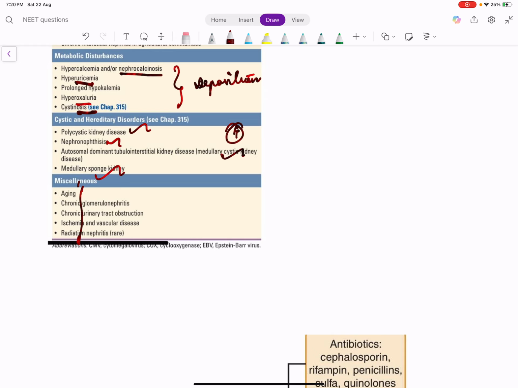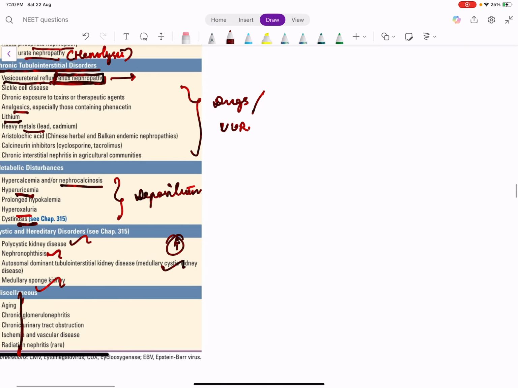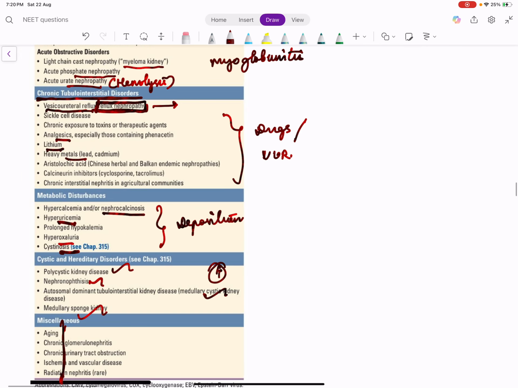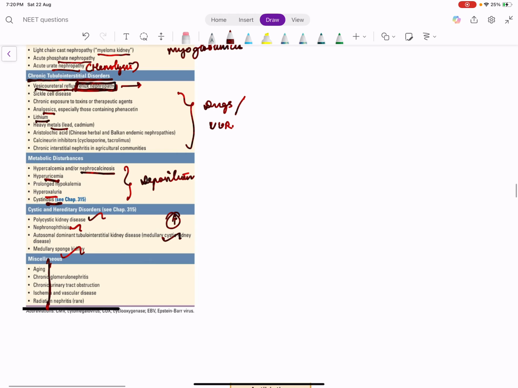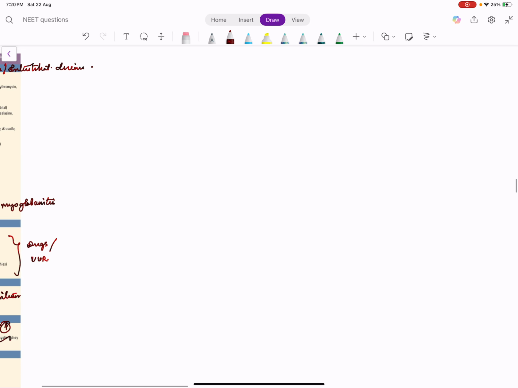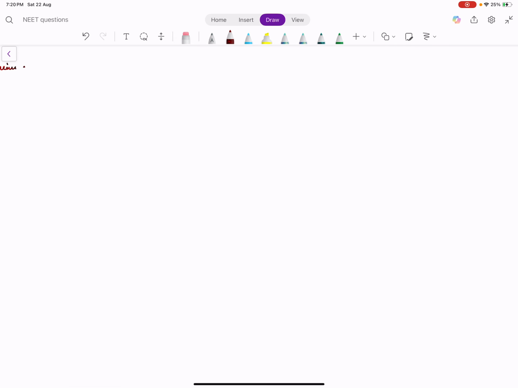We'll leave off the last one. So apart from acute tubulointerstitial nephritis, chronic tubulointerstitial nephritis, deposition diseases or cystic diseases, the 4 categories which we discussed, the channelopathies can also occur without any other renal disease.